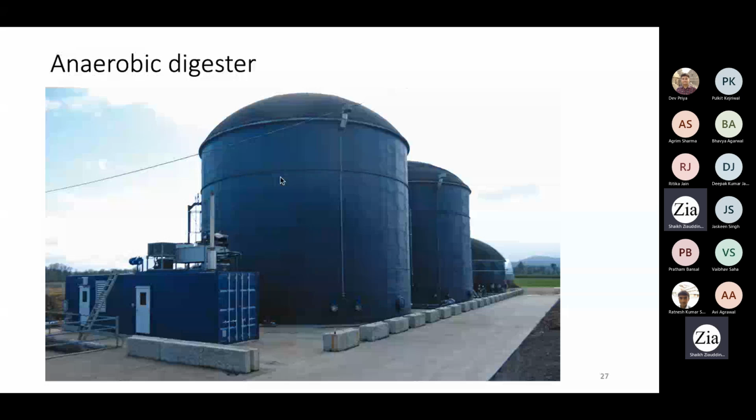Whatever we are discussing today, a similar kind of scheme will come in almost all bioprocesses. I just gave a brief idea about different units, different reactors and different processes we use in bioprocess systems.